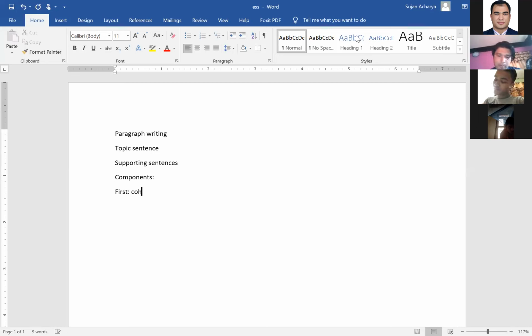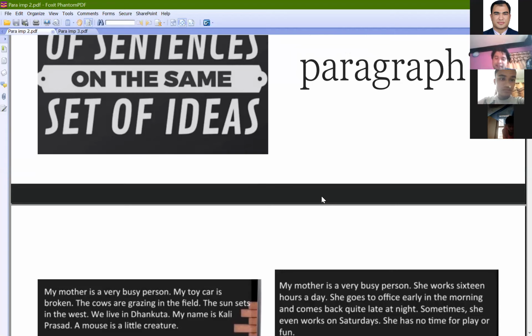coherence among the sentences, like in this example. Let me share it once again. So if you look at the sentences on the right hand side, the second sentence seems to support the first sentence, and there is harmony among the sentences, as if the second sentence is generated by the first and complements the first.